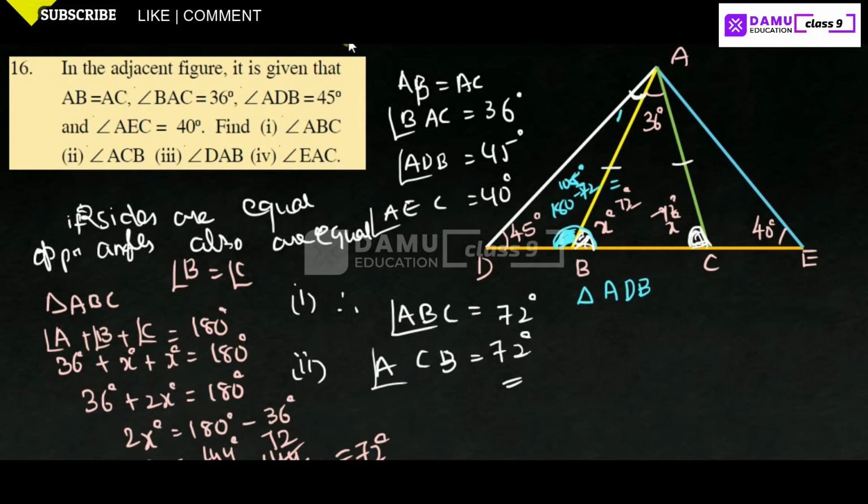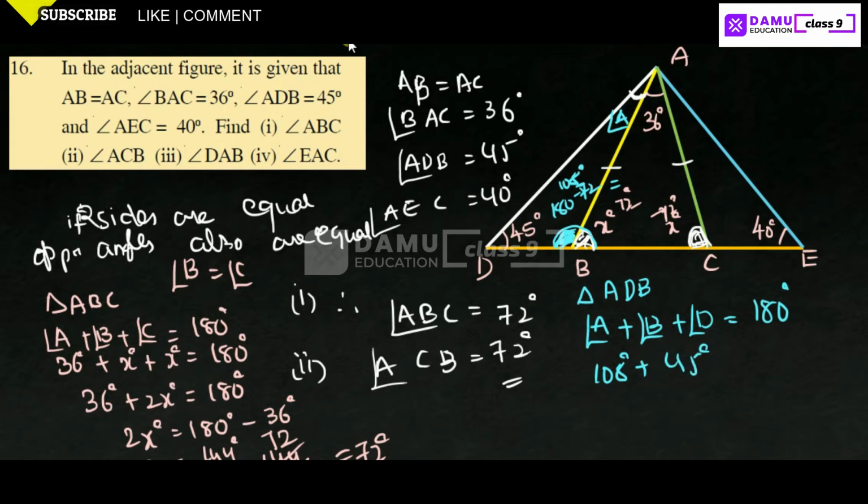Then we can calculate angle A. The sum of angles, angle A plus angle B plus angle D, will be equal to 180 degrees. So angle A we have to find. Angle B is nothing but 108 degrees. Then angle D is nothing but 45 degrees.